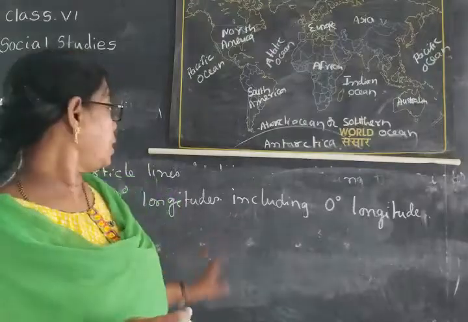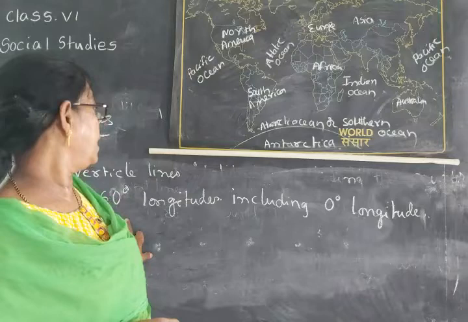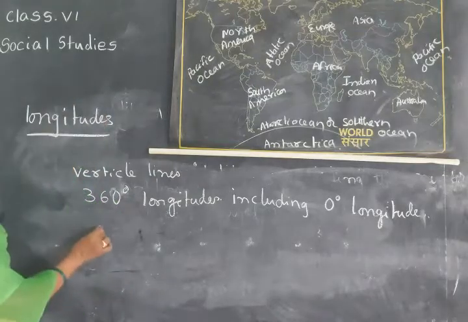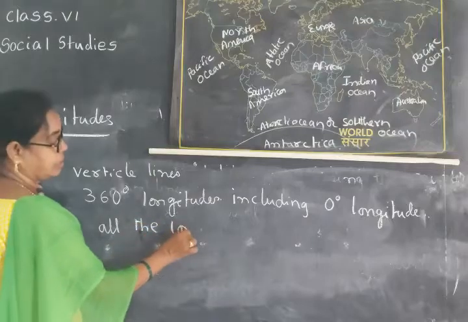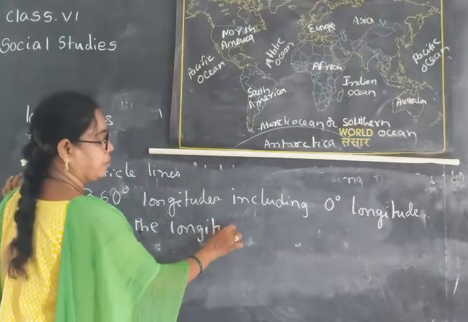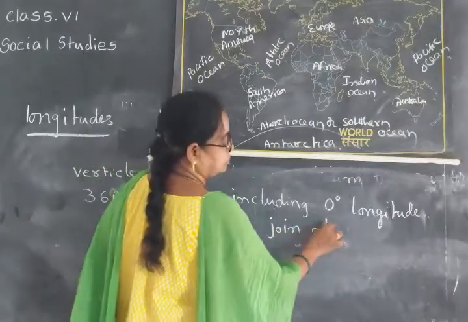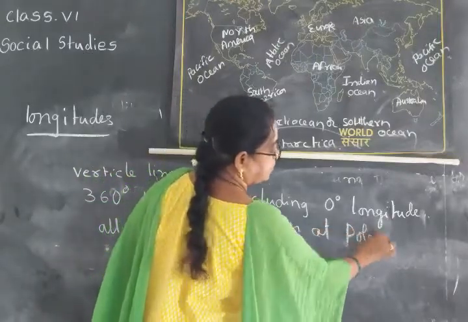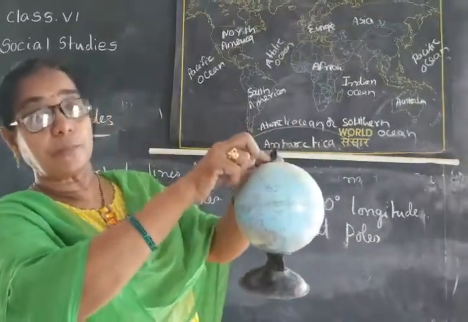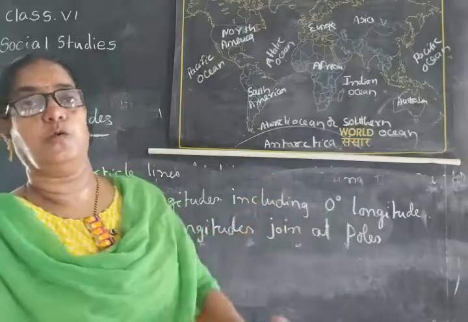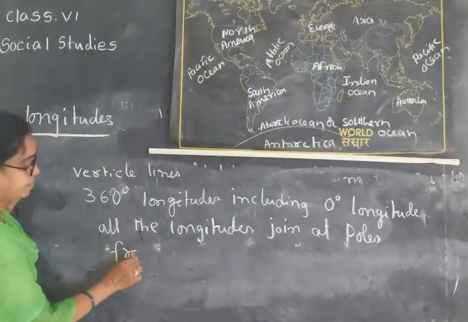So, in total, 360 longitudes are there. They all join at the poles. Understand? They are drawn from the North Pole to the South Pole.